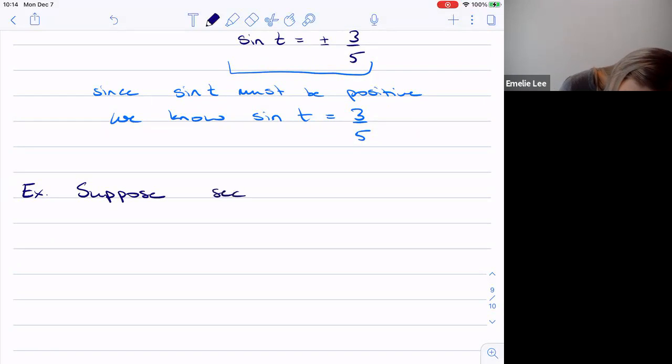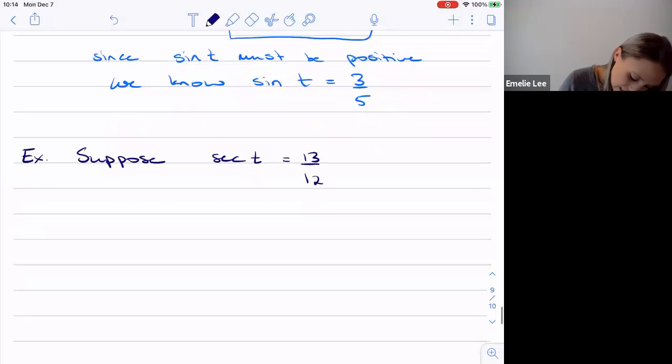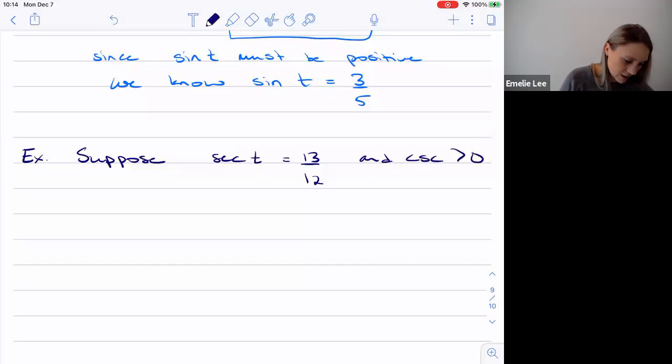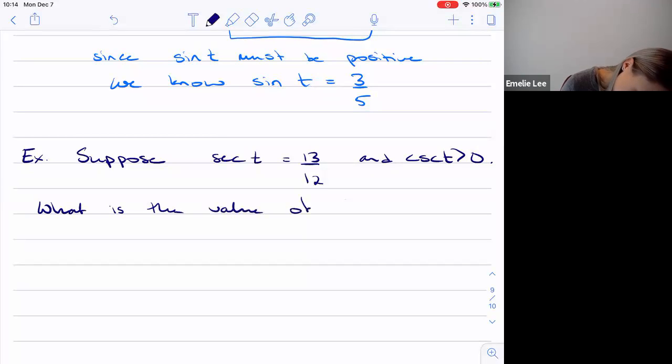Suppose the secant of t is 13 over 12, and the cosecant is greater than 0. What is the value of the tan of t?